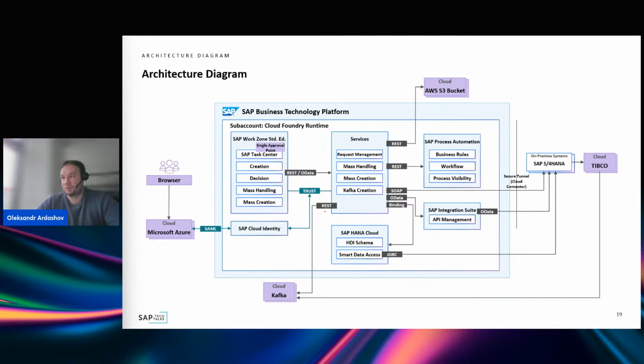Our solution is implemented with SAP products, but not limited to them. One example is the Microsoft Azure platform, where we have the IDP service, and another product is the AWS S3 bucket, where all the attachments are stored.